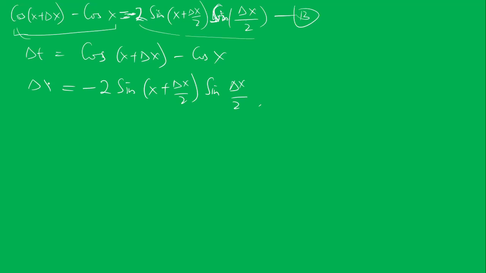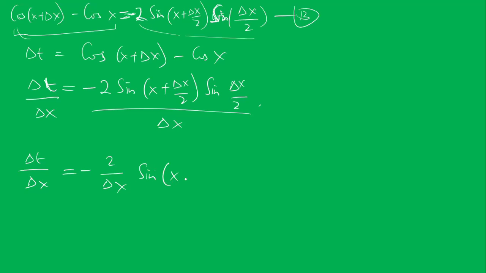Now you have this delta t. So dividing all through by delta x, delta t all over delta x is the same thing as minus 2 all over delta x times sine of x plus delta x all over 2 times sine delta x all over 2.